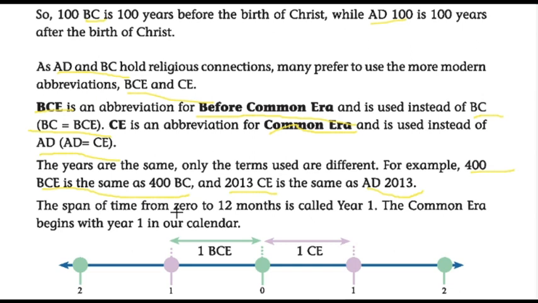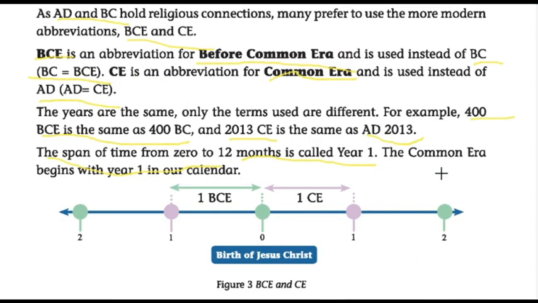Per year we have 12 months. The Common Era begins with year 1 in our calendar.